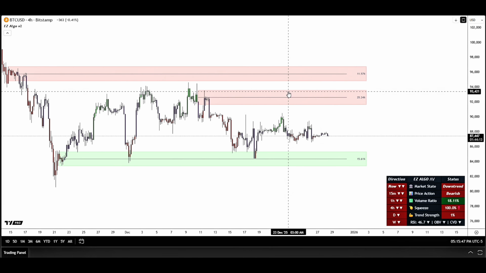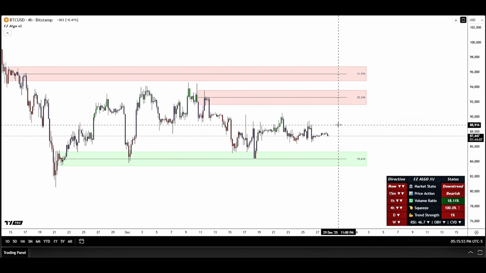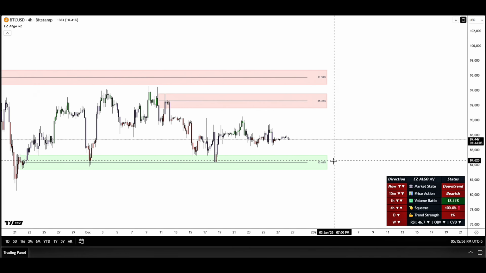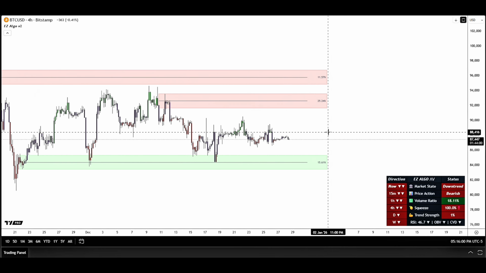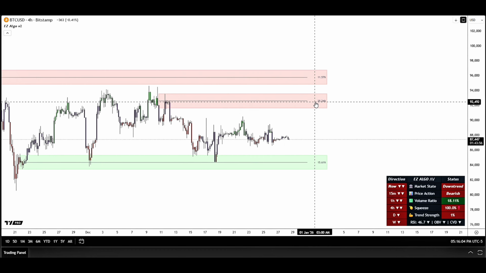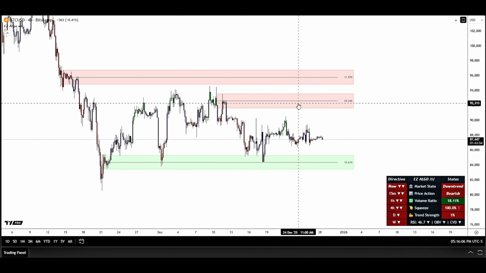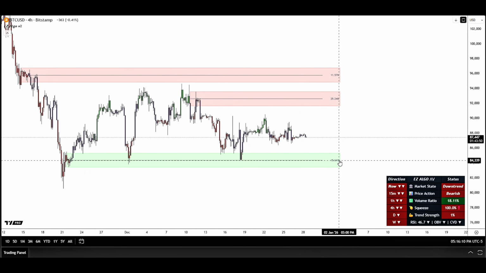Now there are a lot of different strategies we can use these for, which we'll cover in the next video. But one of the things I want to cover in this is what these percentages mean on these order blocks. The higher the percentage, the stronger the order block. So 25% is stronger resistance here than this 11%, way stronger than this 15.61%.